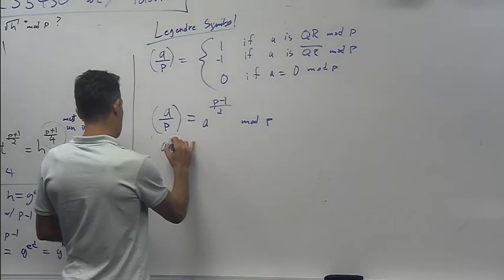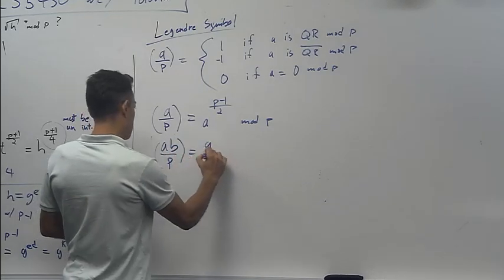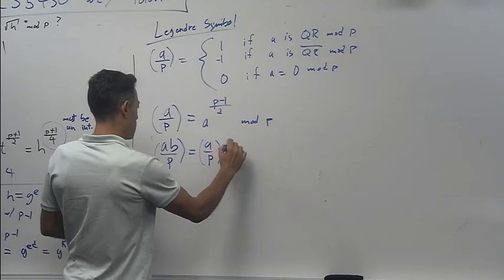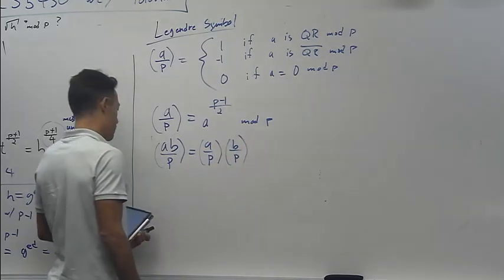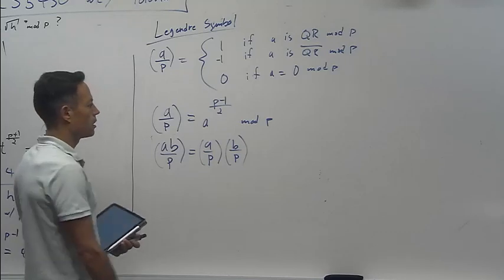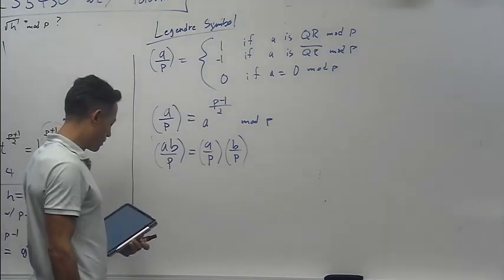Because things like ab is a over p times b over p. Basically, if you have some number that's multiplied, ab, yeah.